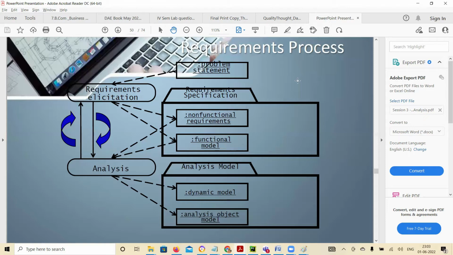Whatever is required, you will call and use that. Sounds good? Yeah, sir. So in analysis, we have dynamic model analysis and object model. These are again more technical, and we will slowly get into details here.